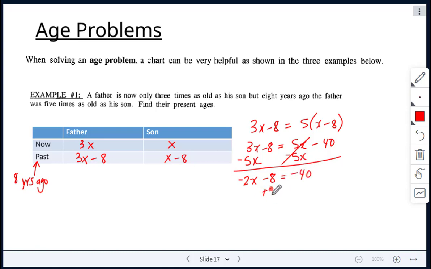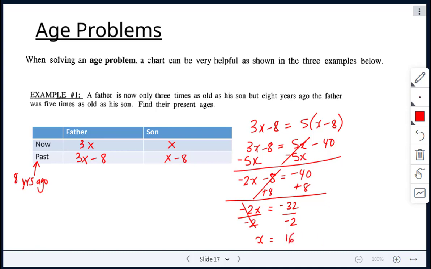And we're going to add 8 to both sides. That leaves me with negative 2x equals negative 32. And then we'll divide by negative 2 on both sides. And that leaves me with x is equal to 16.